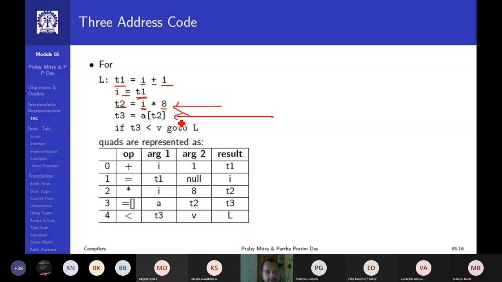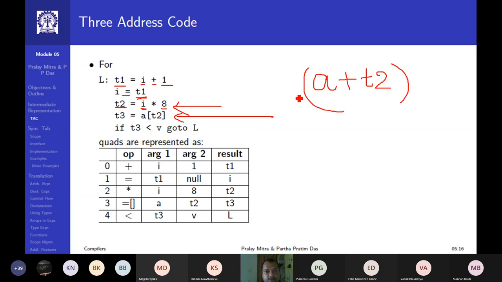For this one, the opcode is equals with square bracket. This indicates that on the right hand side I have one array element. You know the base address is A. With that base address you have to add T2 in order to go to that location.